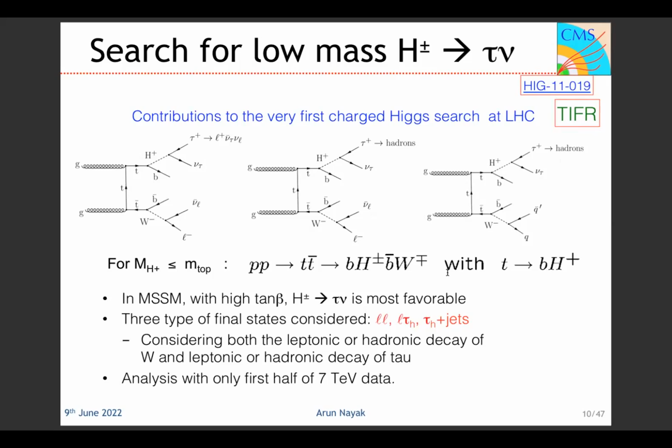In the CMS analysis itself, there were some inputs from Professor Manoranjan Gupta. But this analysis was led by the Lisbon and Helsinki groups, where I was mainly from the Lisbon side. That's why I included it here.